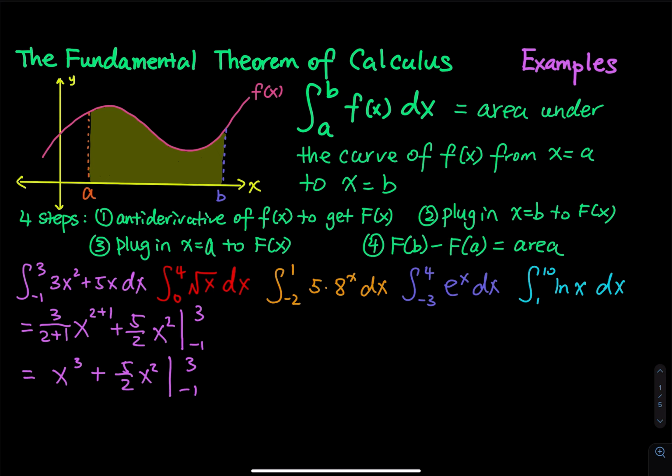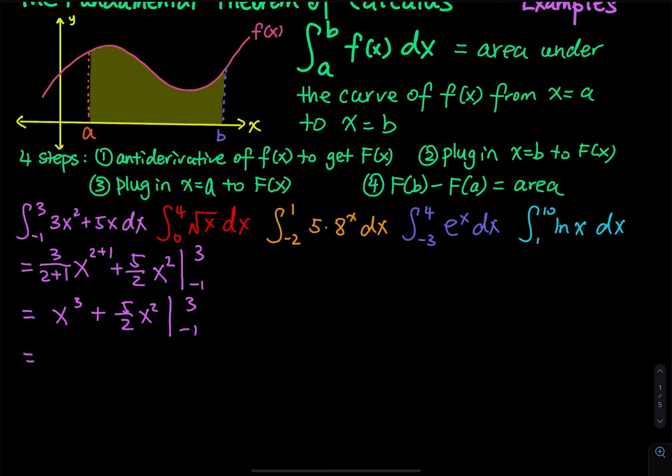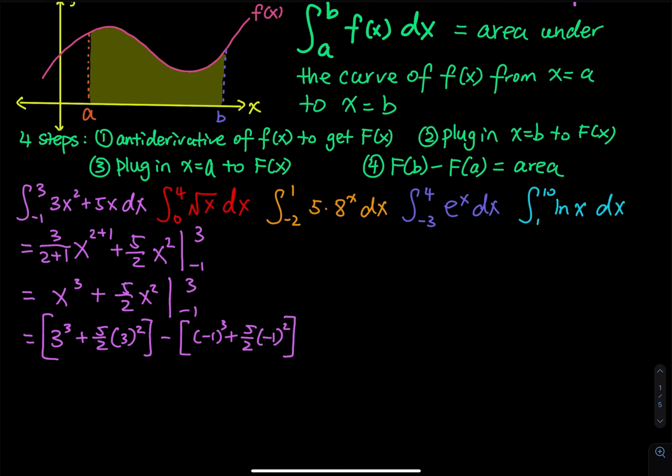Alright, so let's do the plug-in. So here is the plug-in. We have 3 to the third power plus 5 over 2 times 3 squared. So this is F of B, and then minus F of A: -1 to the third plus 5 over 2 times -1 squared. Alright, and then I want to work this all the way out.